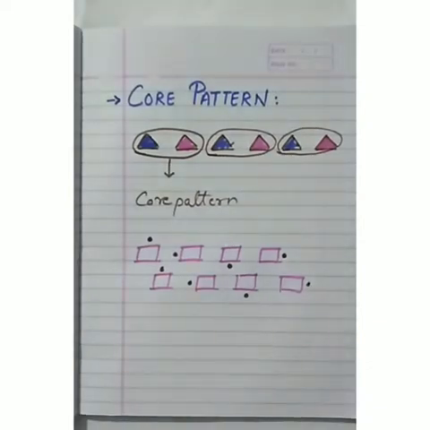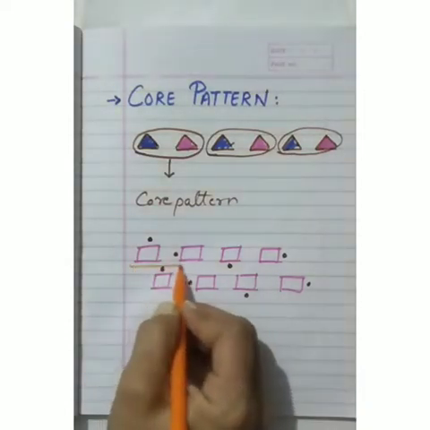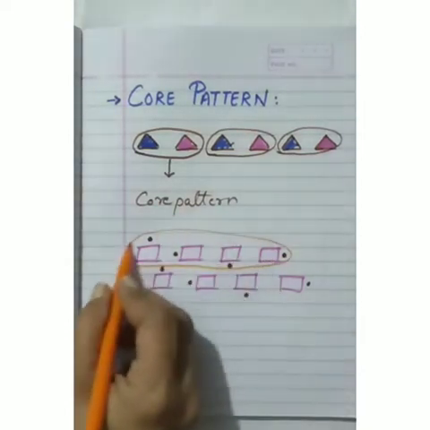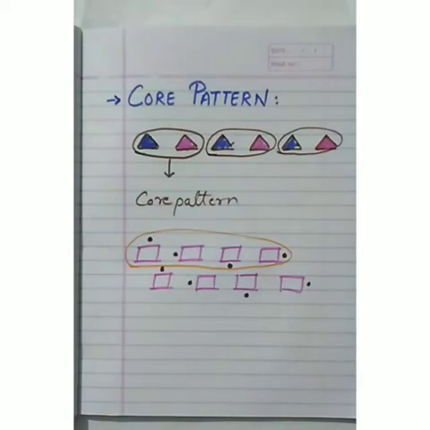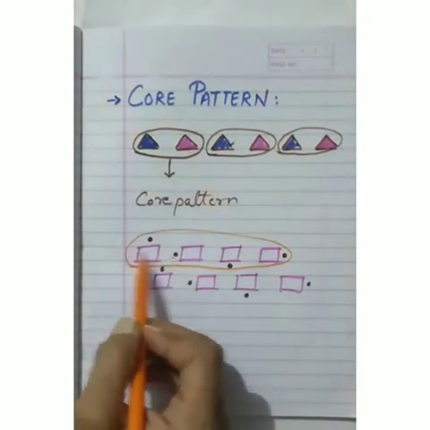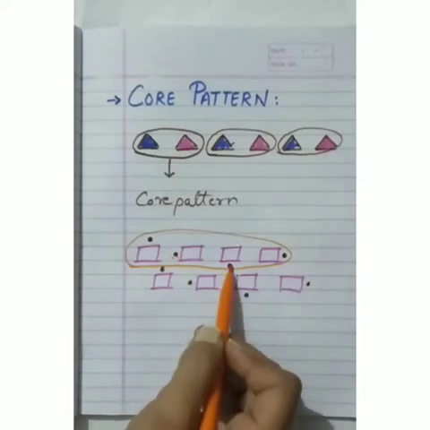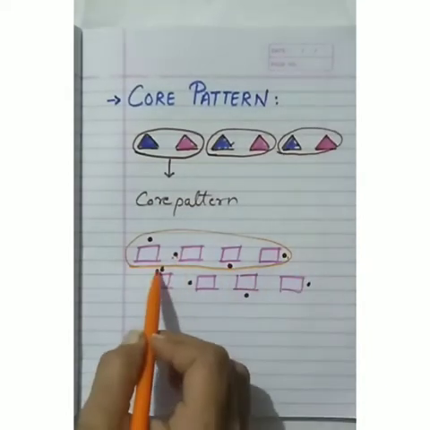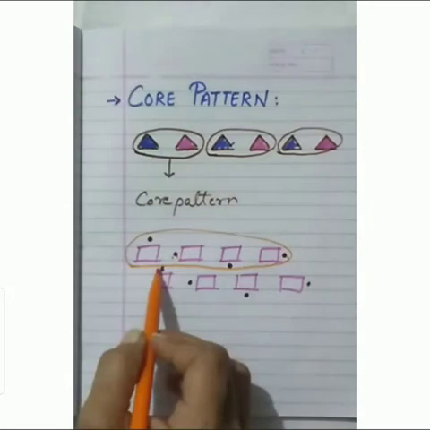So what is the core pattern of this? Here you can see this is the core pattern. Here the position of the dots changes. Here 1, then it comes over here. So 2, then it comes over here 3, and this is 4. Then again it is repeated in the same way. So this is the core pattern of these figures.